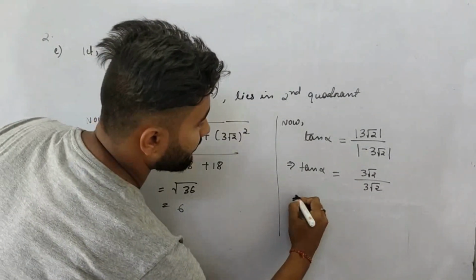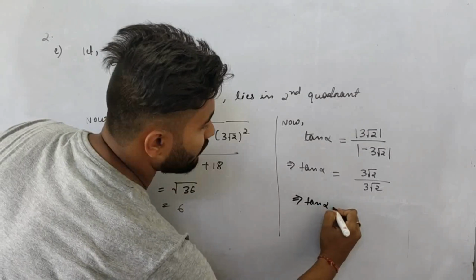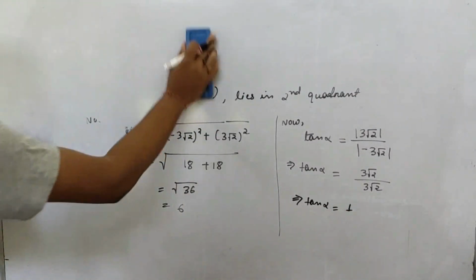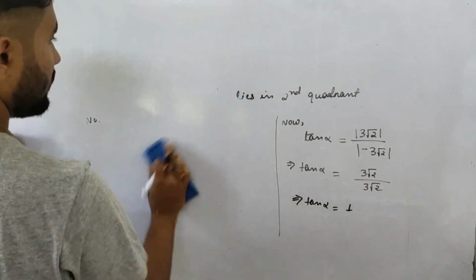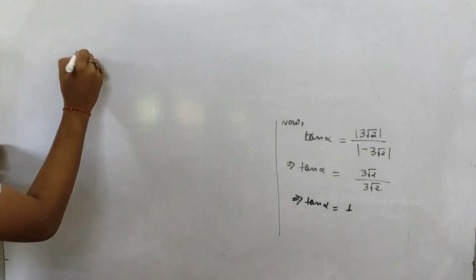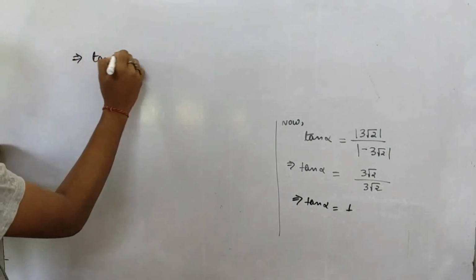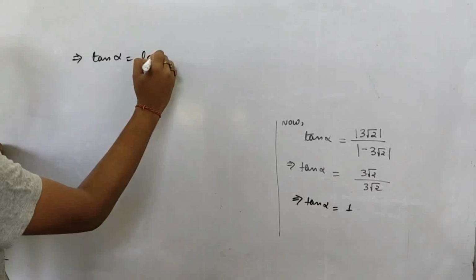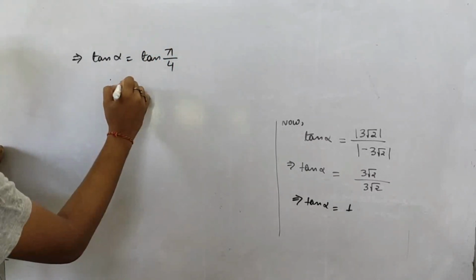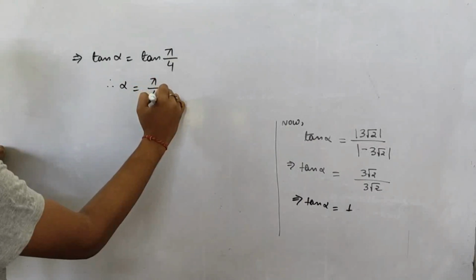So tan of alpha is equal to 1. Now what is the angle whose tan is 1? It is 45 degree, right? Or if I write in radian, tan of pi by 4. So therefore my alpha is pi by 4.